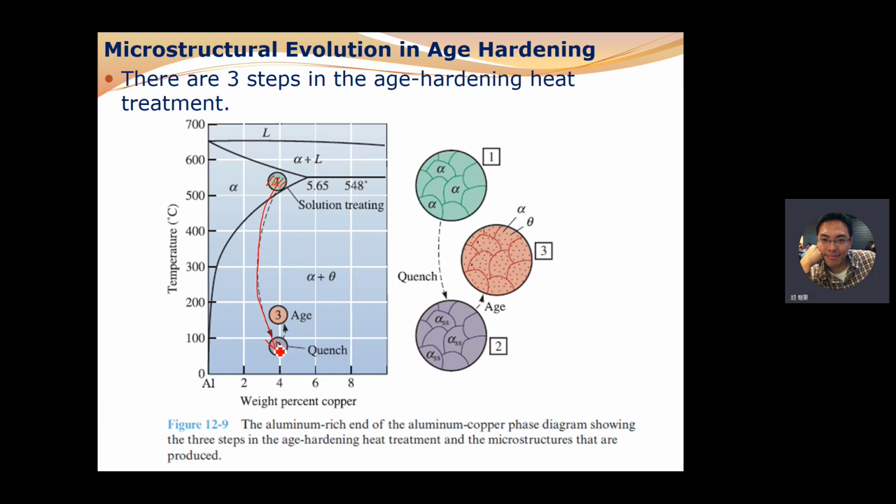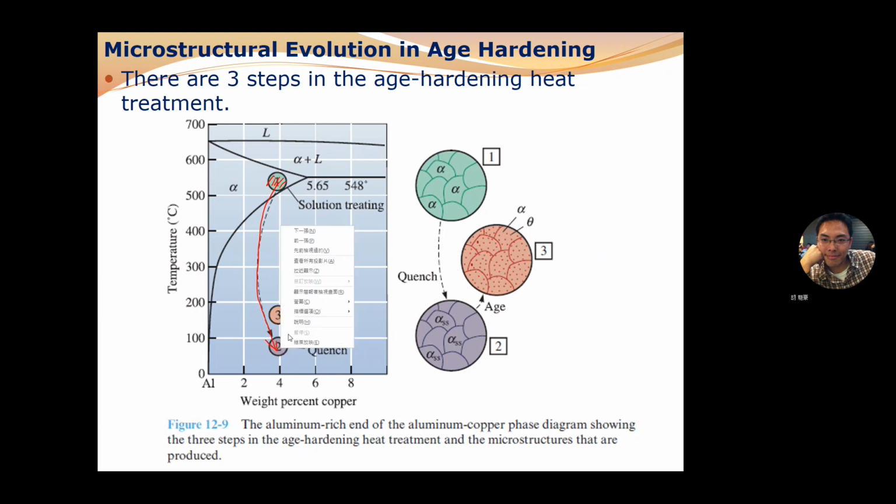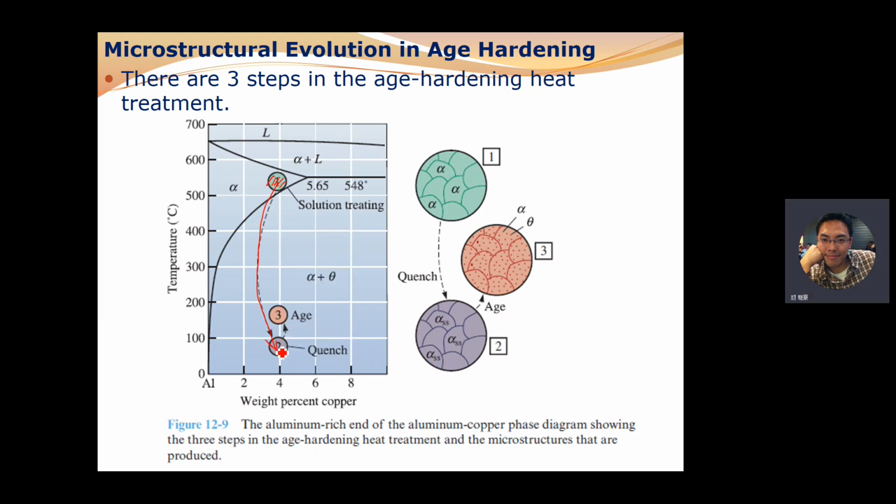Okay, and from this point 2, heat treat to a certain temperature, raise the temperature to, in this case, maybe 130 Celsius, right? For the aluminum-copper alloy, which is aged at 130 Celsius, and remain for a long time, and the precipitate will form in the alpha solid solution.